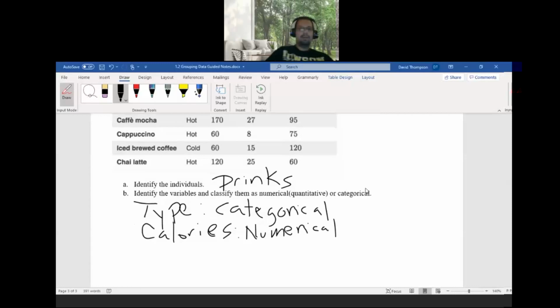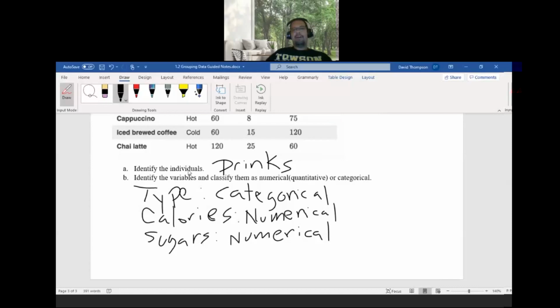So that would also be a numerical variable. And our last variable will be caffeine. We can count how much caffeine is in a drink. So that also would be a numerical variable.